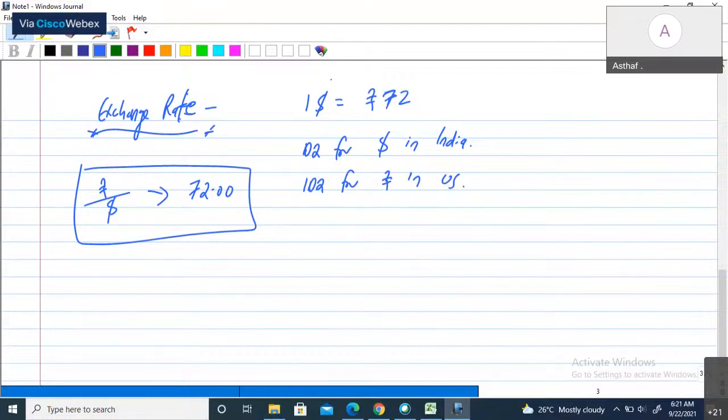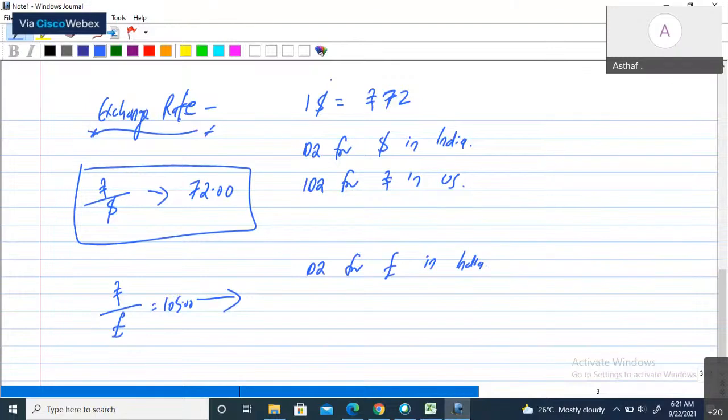Let's take another example: rupees per pound, let's say 105. You have to write the direct quote for the denominator currency, which is the pound, in the numerator country, that is India.